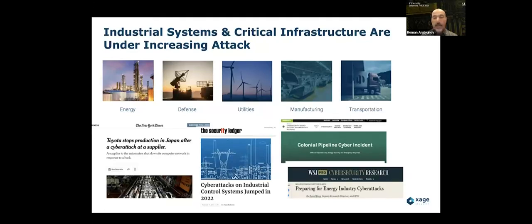Sage Fabric, our core product, does that today. We deliver what we call zero trust for the real world. Today we're working with companies in the energy space and utilities, traditional energy as well as renewable energy, defense, manufacturing, transportation, and many other verticals as well.